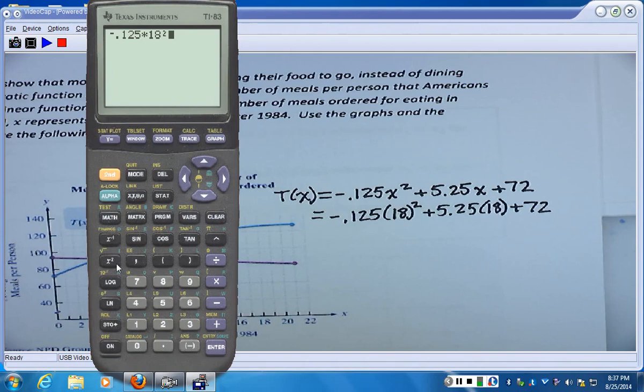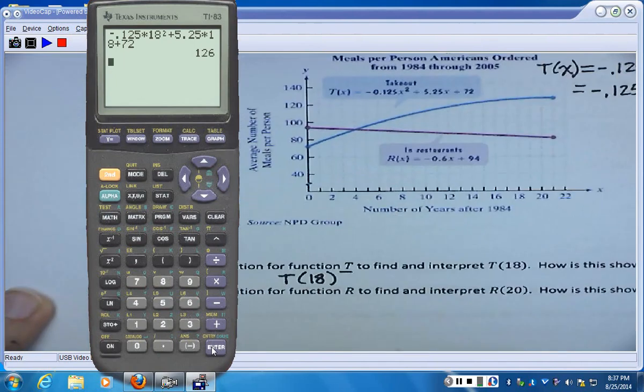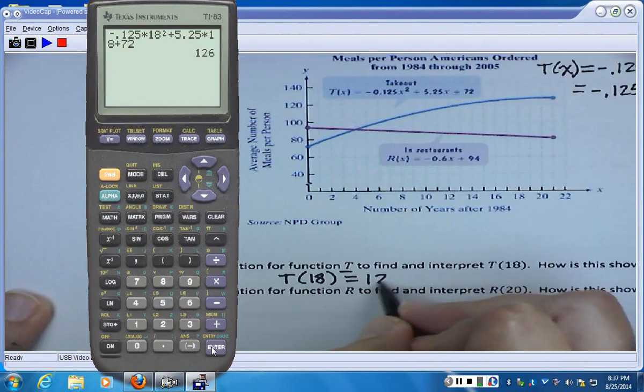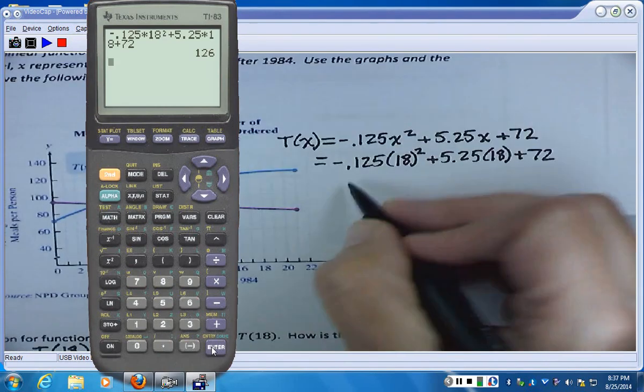The calculator lets you just flip the squared thing here. Plus, it lets you get away without the parentheses, 5.25 times 18 plus 72. And that's 126. So using the equation, we get t of 18 equals 126.